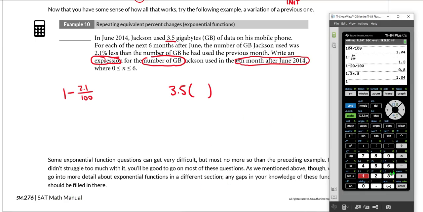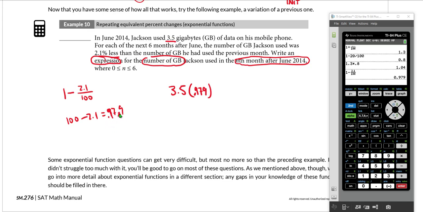But we're going to do 1 minus 2.1 over 100, and we get 0.979. That's our multiplier, 0.979. And again, if you're able to recognize that 100 minus 2.1 is 97.9, so 97.9%, that's perfectly fine as well. There are multiple ways to come up with your multiplier.